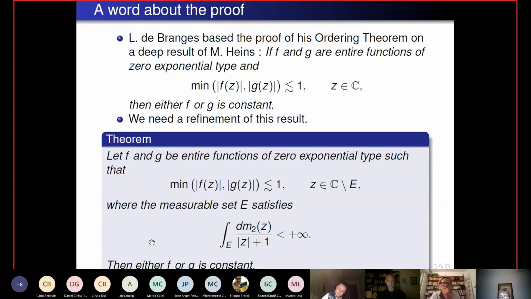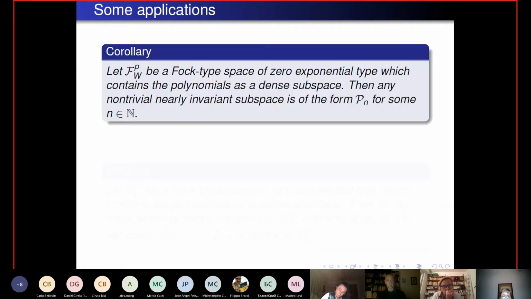And then the conclusion is the same. Either one or the other must be constant. So this is the way it goes. And then we follow, of course, ideas of the branch, but they have to be adapted to the context we're working here. Okay. Let me give you some applications of this ordering here.